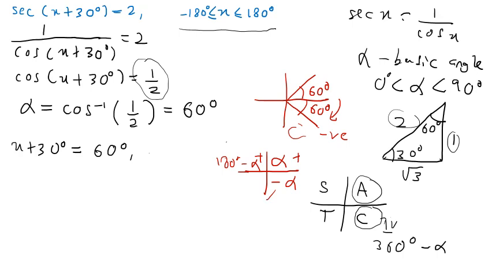The third quadrant is a negative angle also, more or less like the second quadrant, with the exception of the negative sign outside. So since it is located in the fourth quadrant, the angle in the fourth quadrant would be negative 60 degrees.